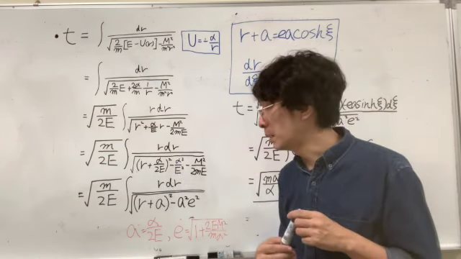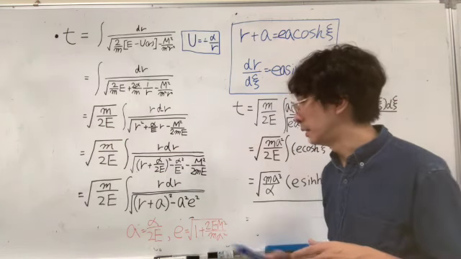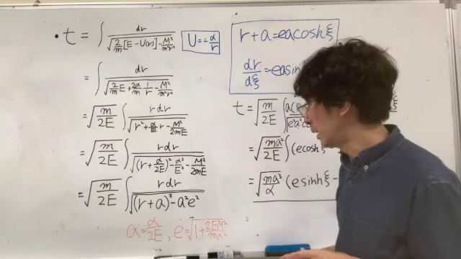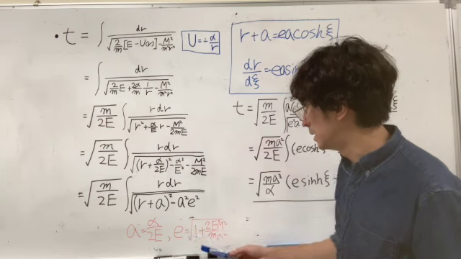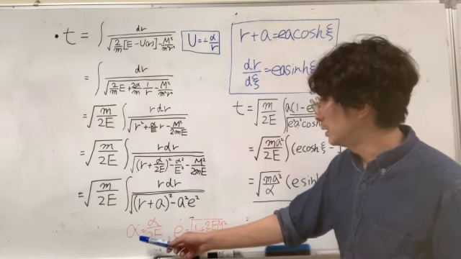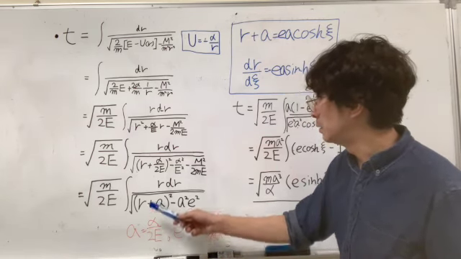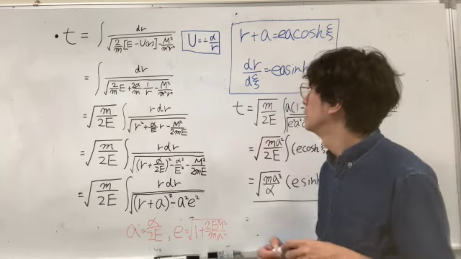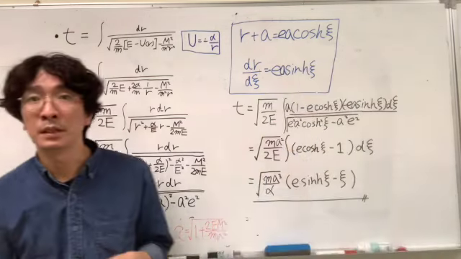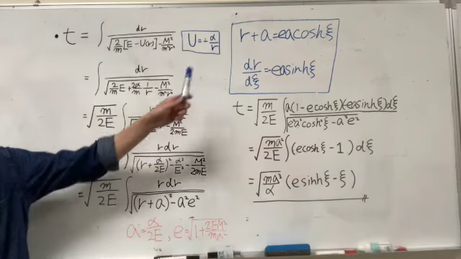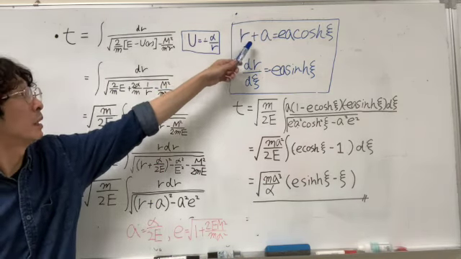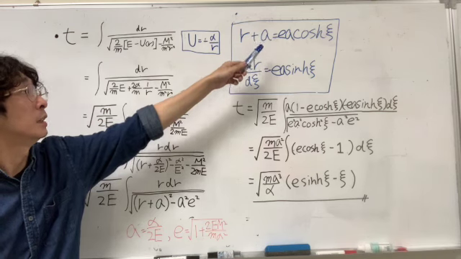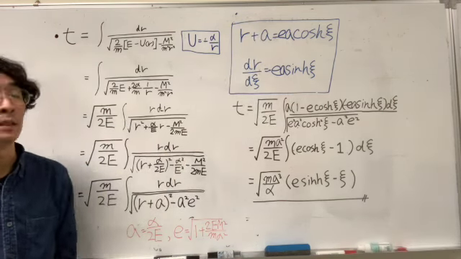Okay, so please remember the definition of a and e. The definition of a and e is described with this equation. So we can insert a and e into this equation. Then we can simplify this equation. In the next step, we need to replace the factor. We assume r plus a equals e a cosh xi.